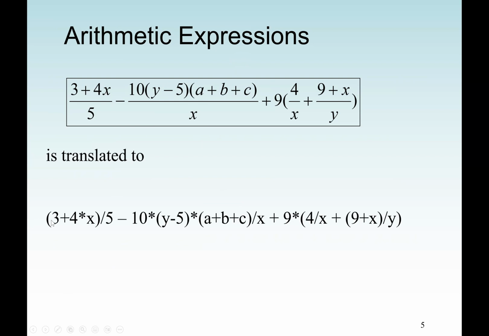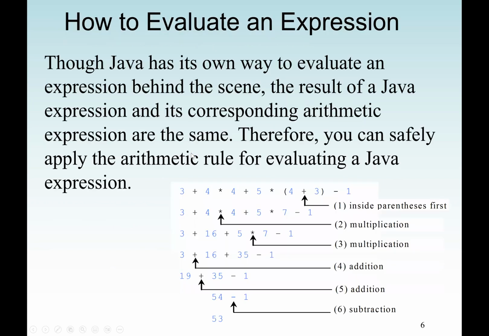So it's the same as saying 4 plus 3 plus 4 times x divided by 5, then 10 times y minus 5 times a plus b plus c, all divided by x. Then 9 times 4 divided by x plus 9 plus x divided by y. And again, we shall go through the arithmetic operators.